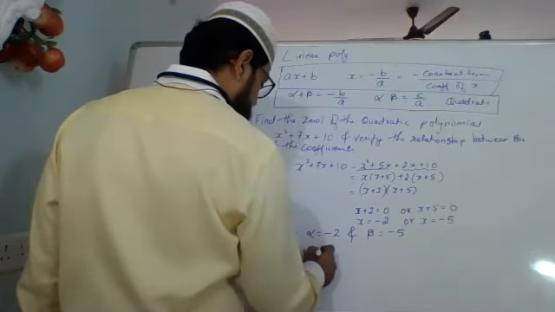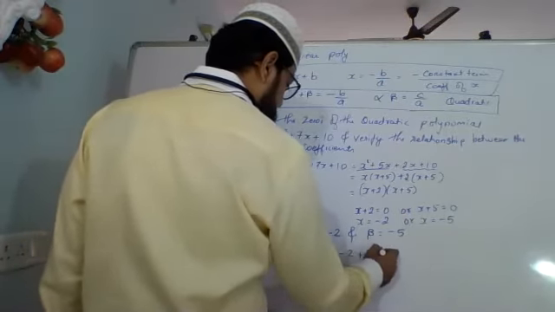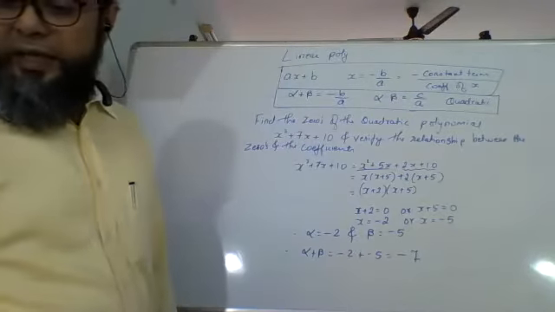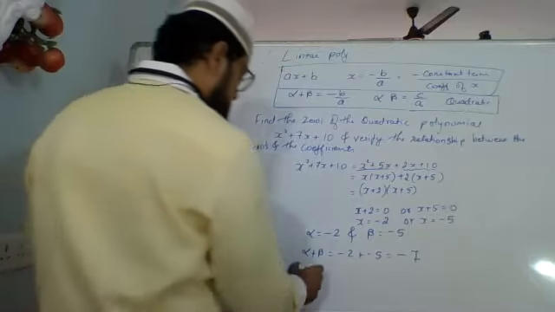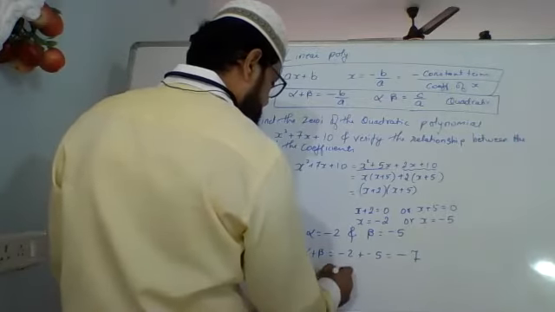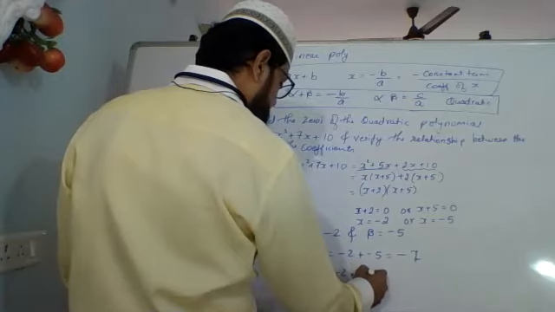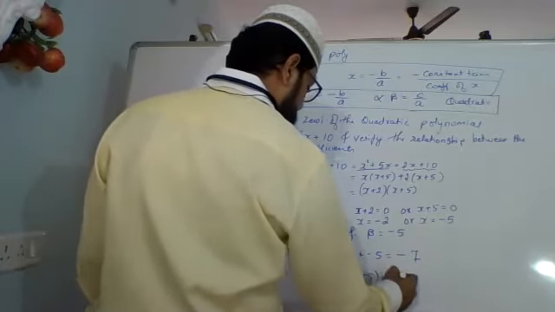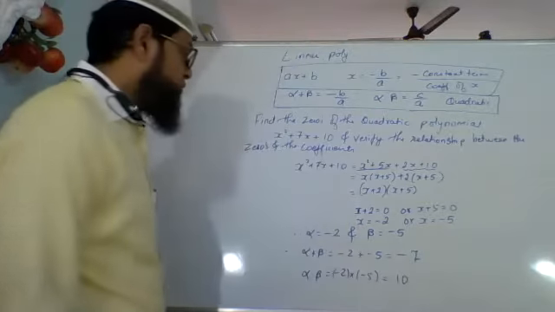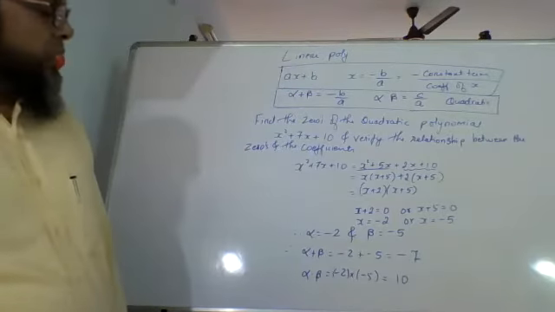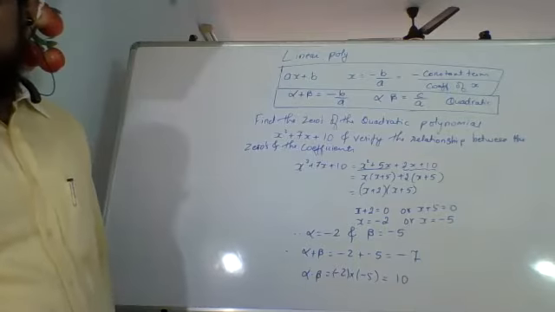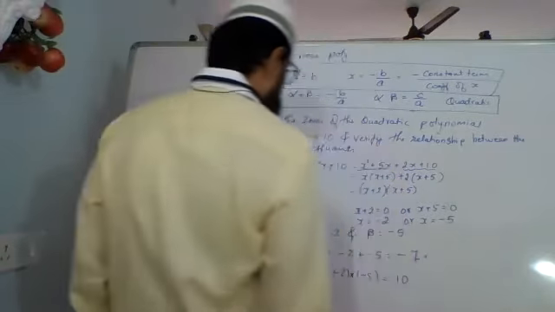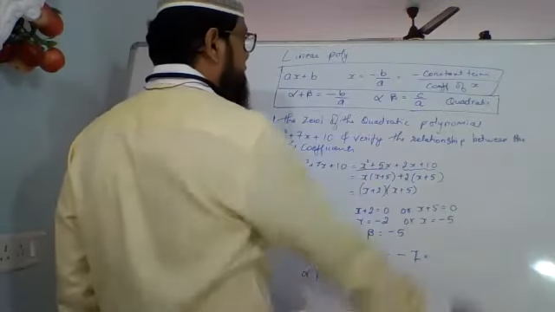Therefore alpha plus beta equals minus 2 plus minus 5, which is minus 7. And the product of zeros, alpha into beta, equals minus 2 into minus 5. Minus into minus is plus, and 2 into 5 is 10.